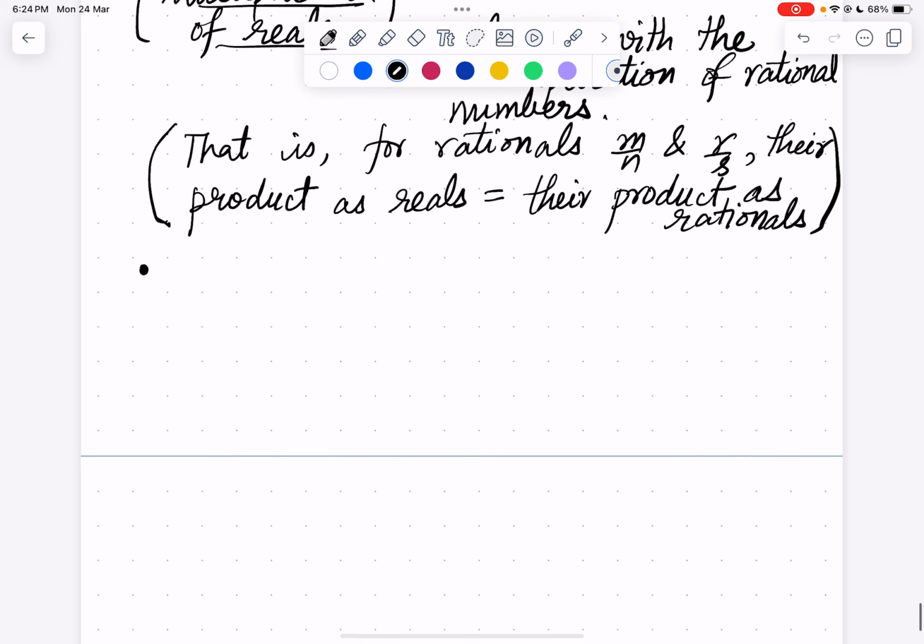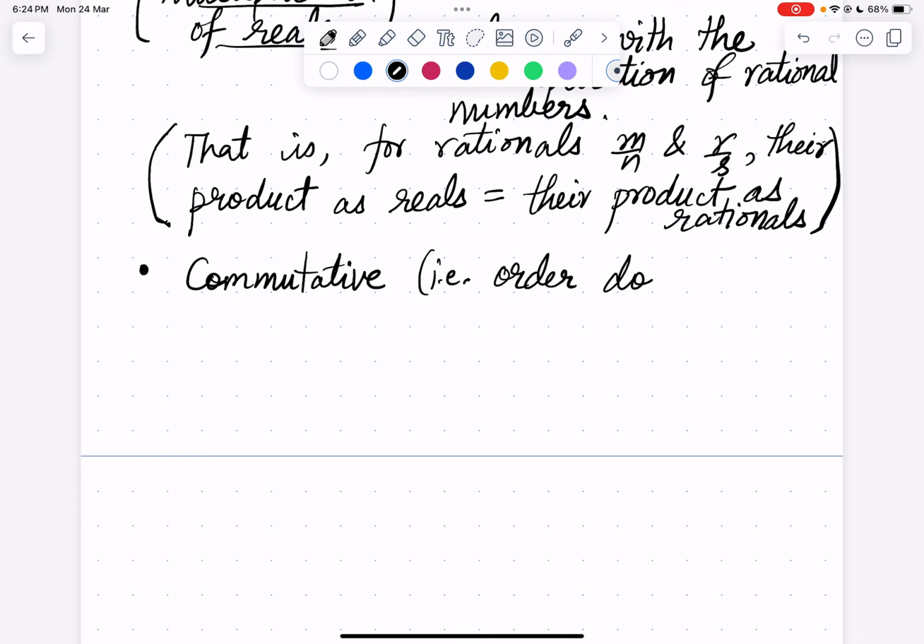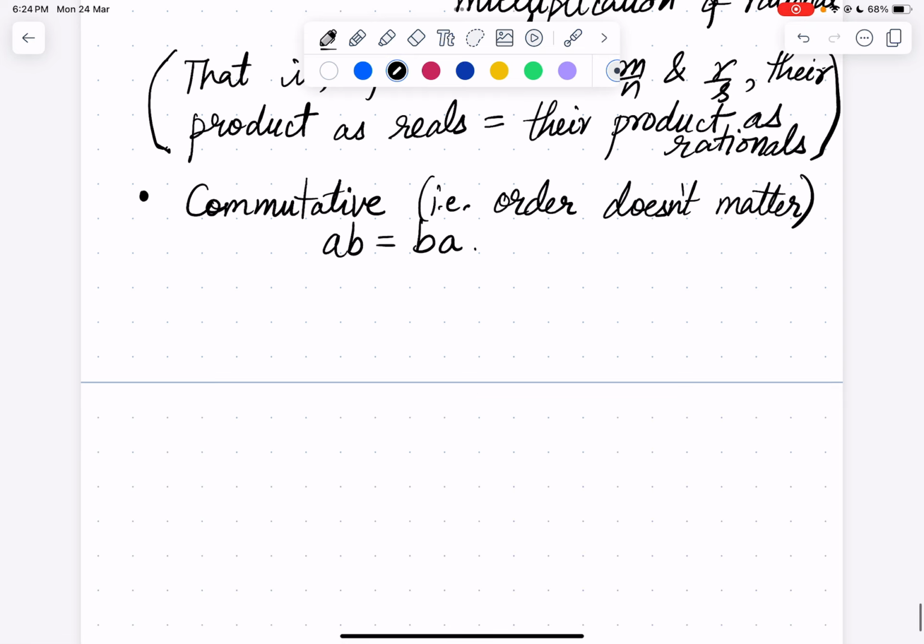And the multiplication is commutative. That is, order doesn't matter. So AB equals BA for any two points A and B. The multiplication is associative.